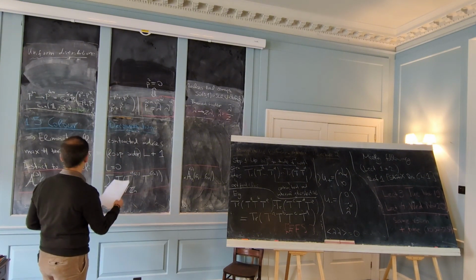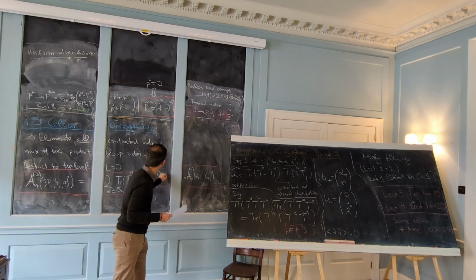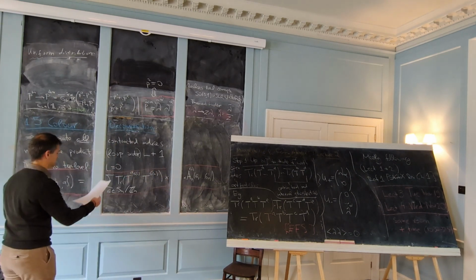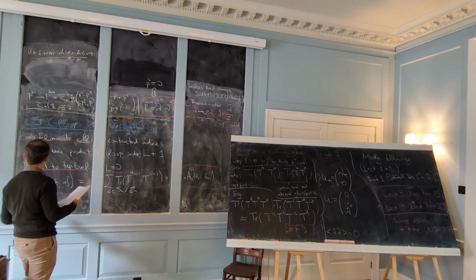So, okay, we have one trace, and we are summing over all non-cyclic permutations.